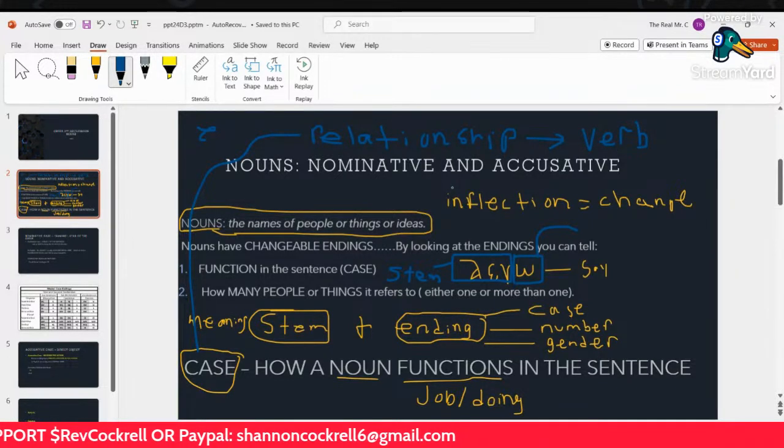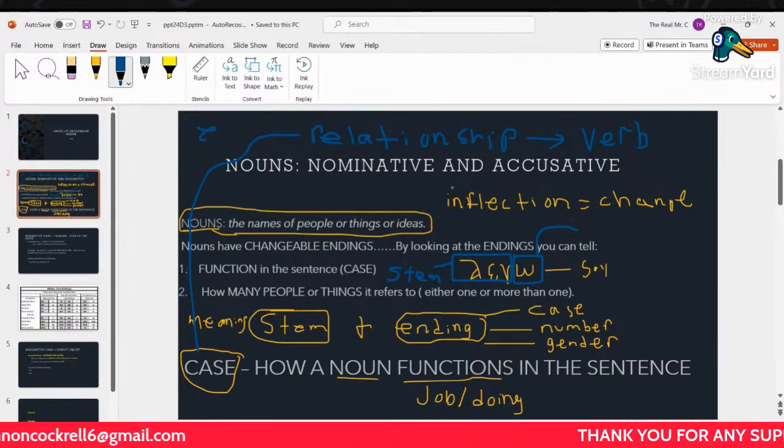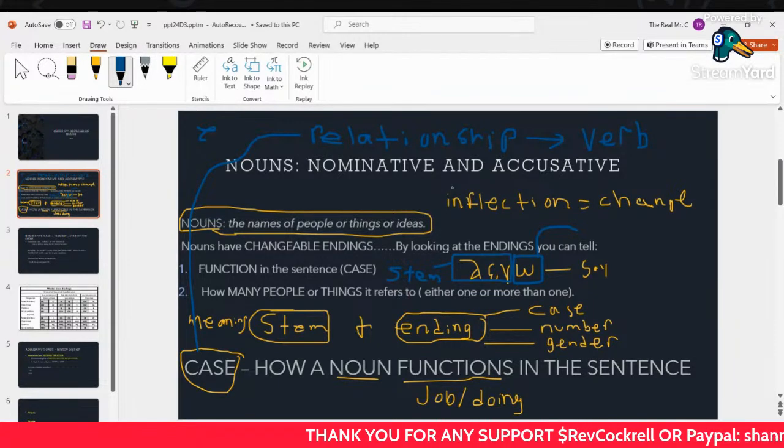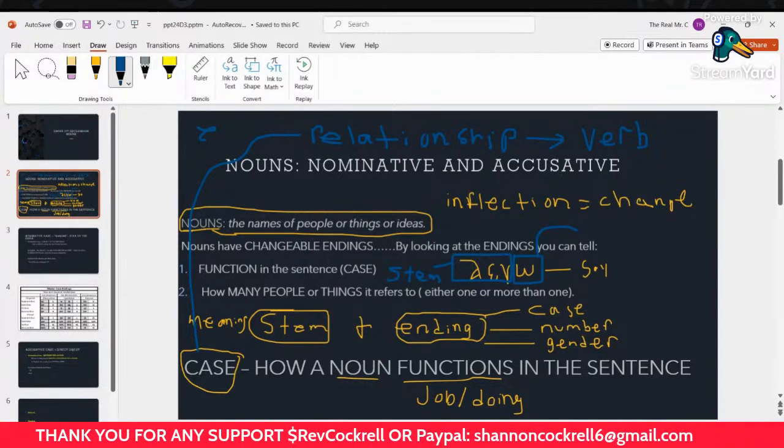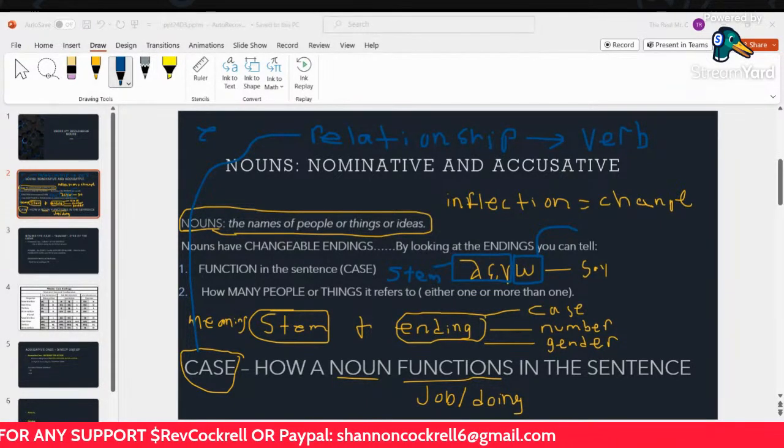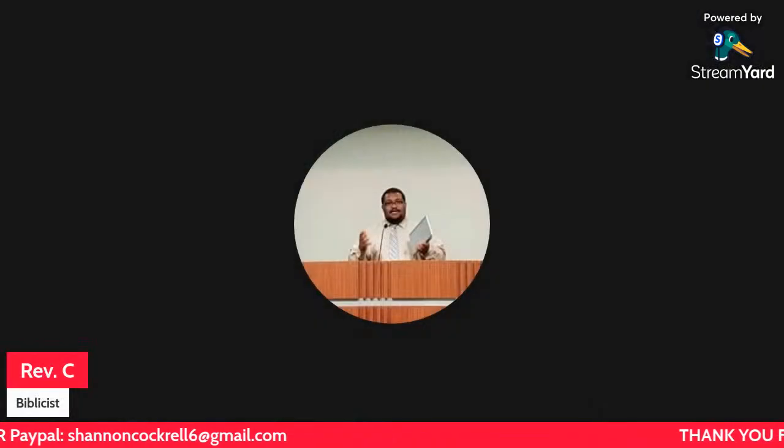So is it doing the action? Is it receiving the action? That is what the case is going to tell us. So that's important. Now, let's look at this in a practical way.